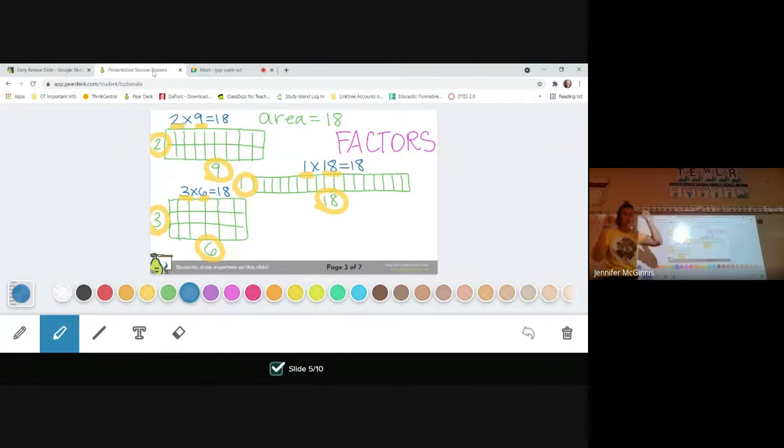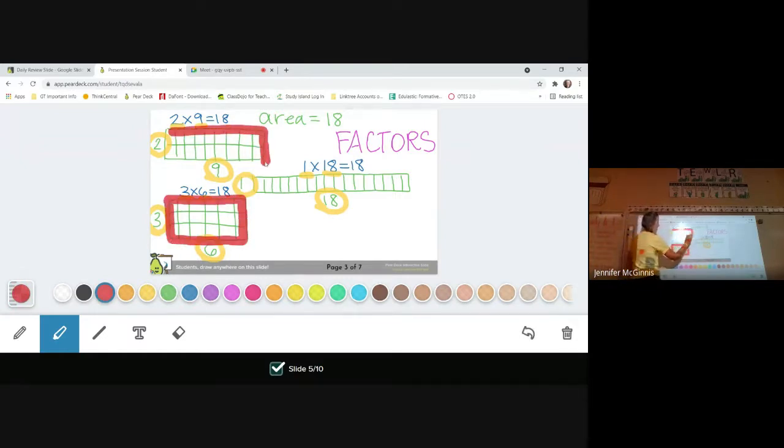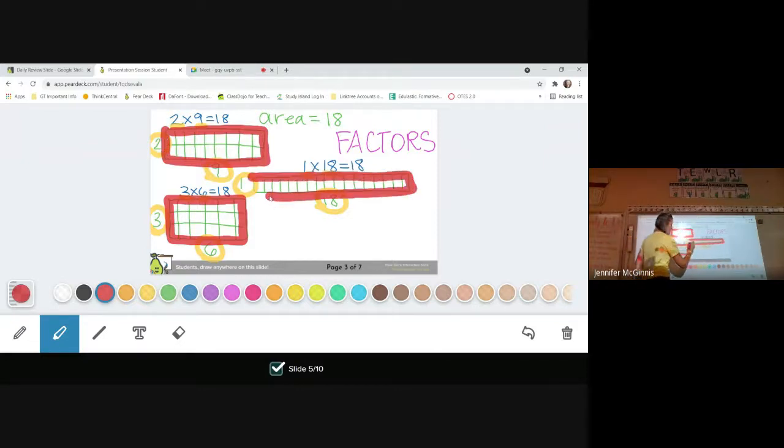Now, to find factors, if you can draw a complete rectangle and all of the boxes inside the rectangle equal whatever number you're looking for, then those two numbers are the factors.